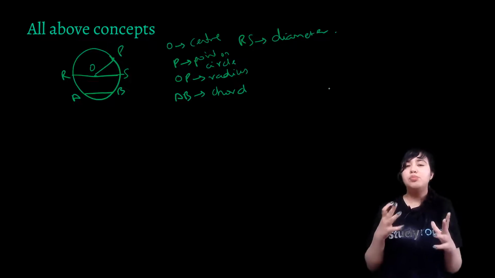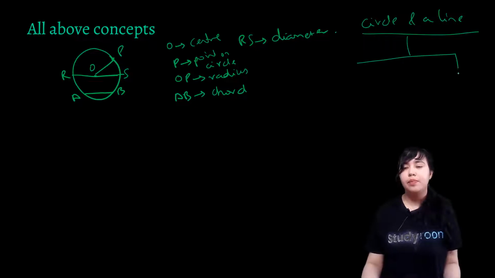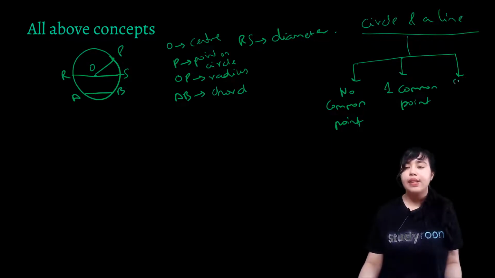Then we discuss different possibilities with a circle and a line. So if we have a circle and a line, there are 3 possibilities. So there can be no common point. There can be one common point, or there can be 2 common points.